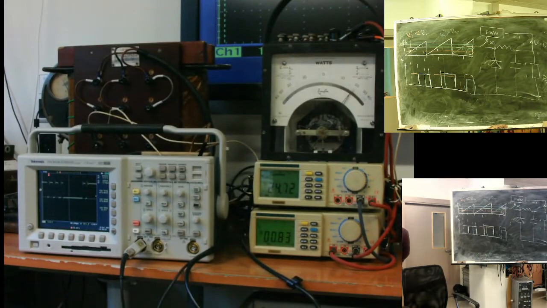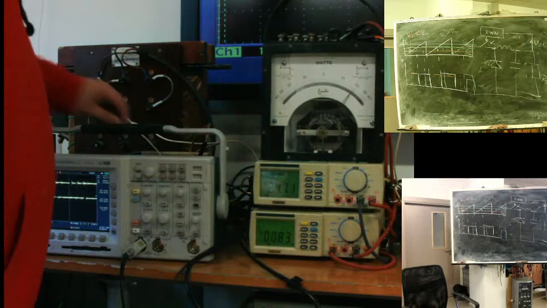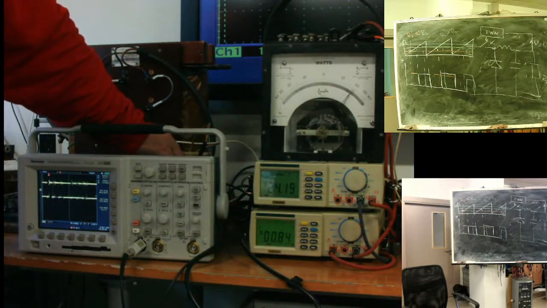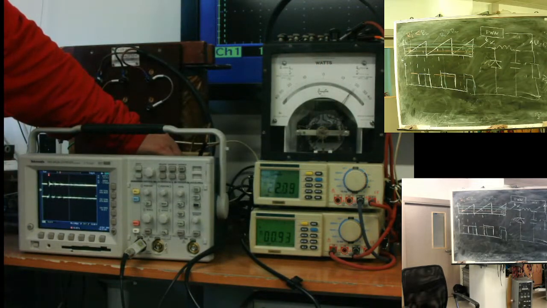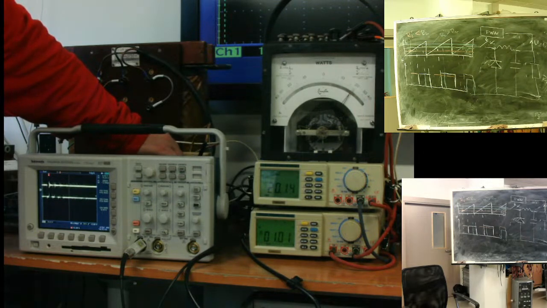How will it react to the change of primary voltage? I'm decreasing voltage. What happens? I decrease voltage, current increases.